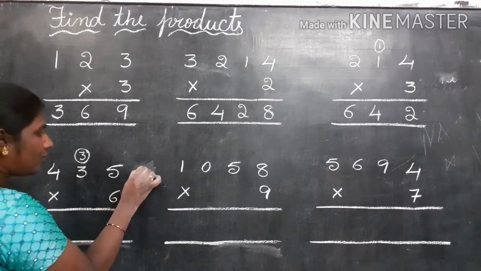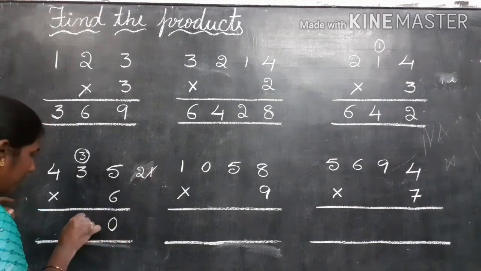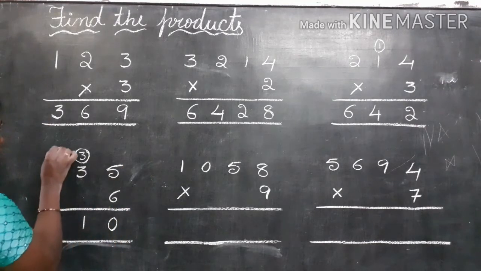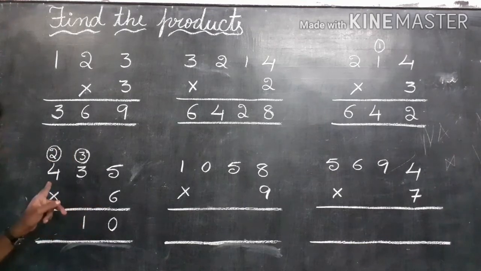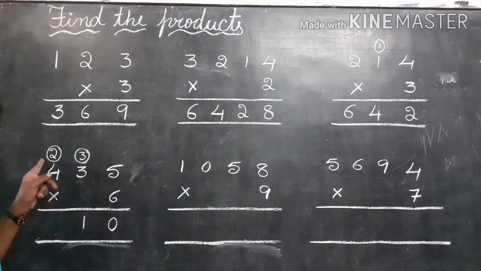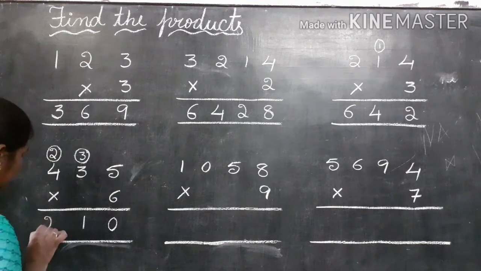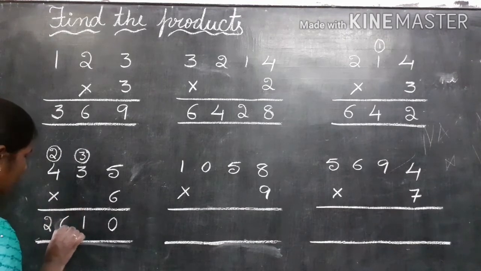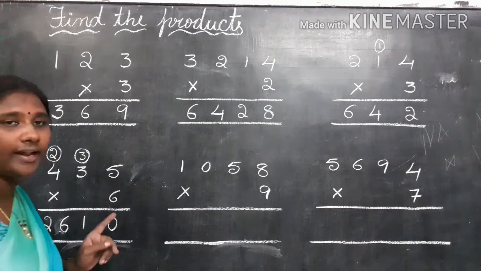In the 21, 1 we write here, and this 2 right up above the 4. Now 6 4s are 24. 24 plus 2 is 26. So the answer is 2610.